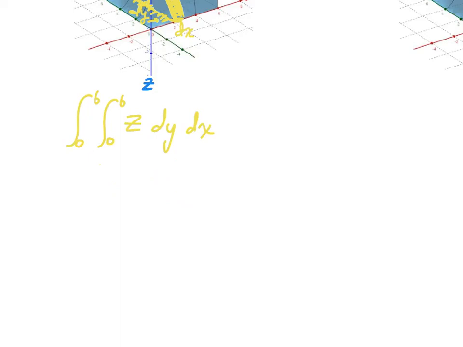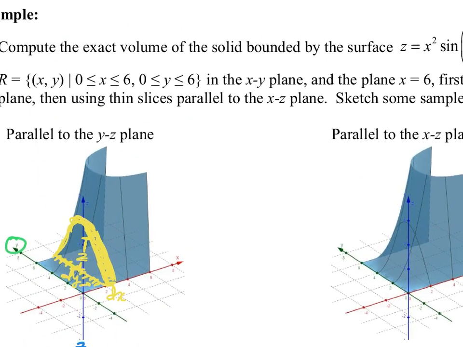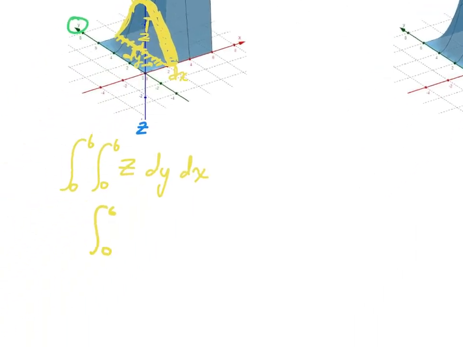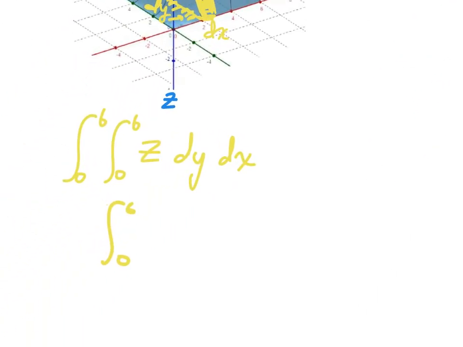So from 0 to 6, the z, battery's low, it's one of those days. So again, x squared sine pi y over 6 dy.